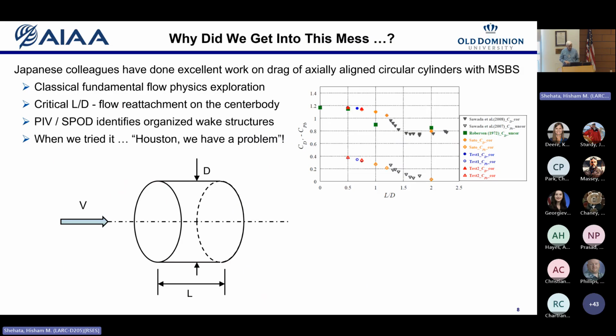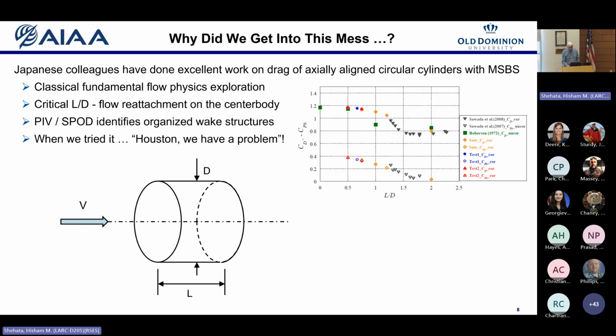Large scale separation from the front lip. And they found there was a critical length to diameter ratio, a little bit greater than 1, where the separated flow would reattach to the circular center body, hence causing a dip in the drag coefficient, and so on. So we thought, well, that's interesting. If they can do it, why can't we do it?